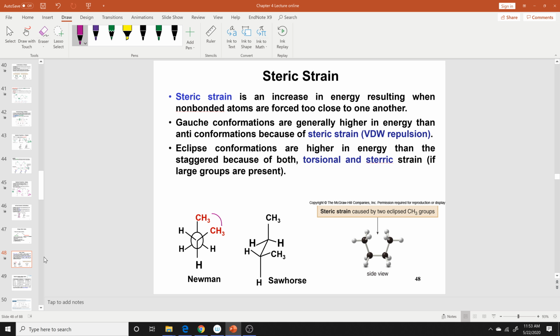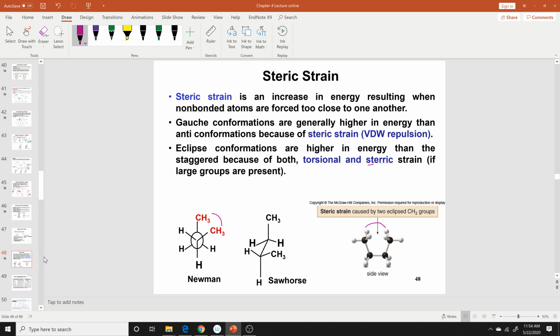But if I have an eclipse conformation, a fully eclipsed one where the two CH3s align with each other, then I'm going to end up having a torsional strain because of the bonds that are eclipsing with each other. And I'm going to end up having an additional type of strain, which is a steric strain, because the two CH3s are close to each other.